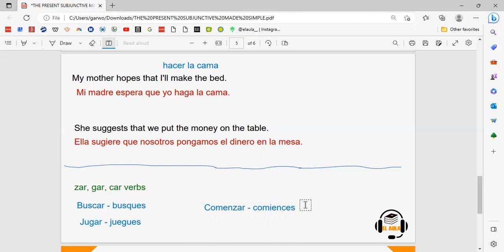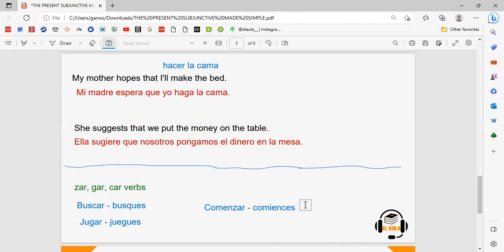So in other words, when we're working with ZAR, GAR, CAR verbs, and we're conjugating them in the present subjunctive mood, we have to be careful to maintain their original sound, the infinitive form sound, right?